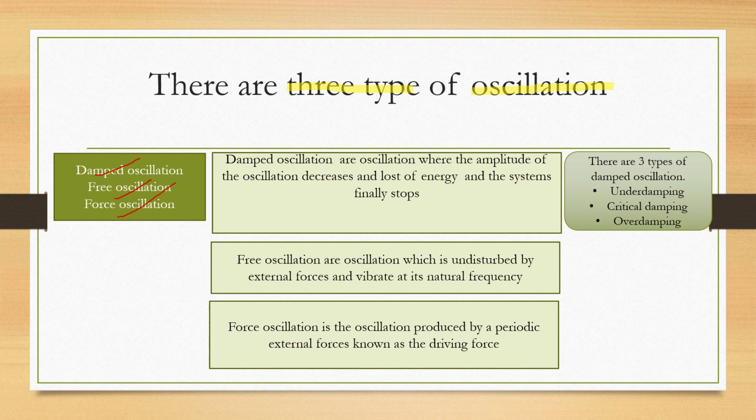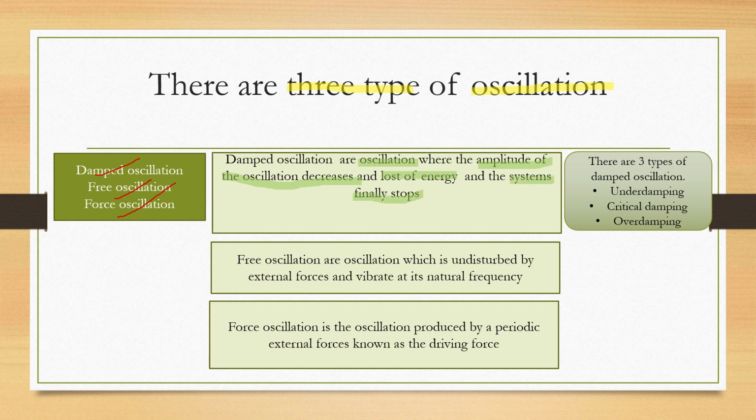Now, what does damped oscillation mean? It is an oscillation where the amplitude of the oscillation decreases. In a damped oscillation, the amplitude decreases with loss of energy, and the system finally stops.